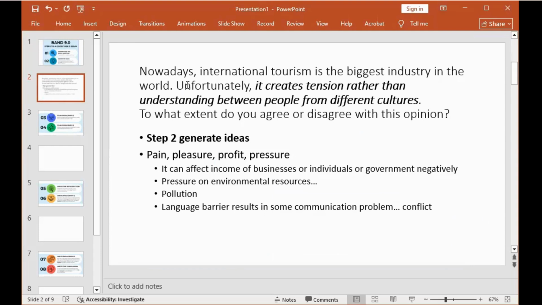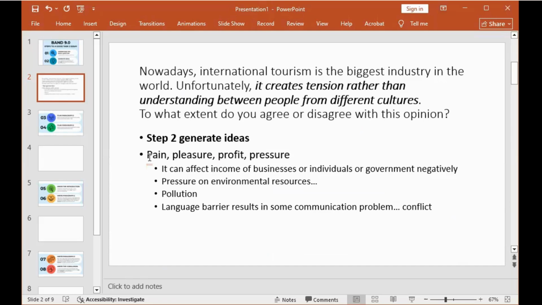So again, the question says what? International tourism is the biggest industry in the world. Unfortunately, it creates tension rather than understanding between people from different cultures. So our view is that yes, it creates tension.